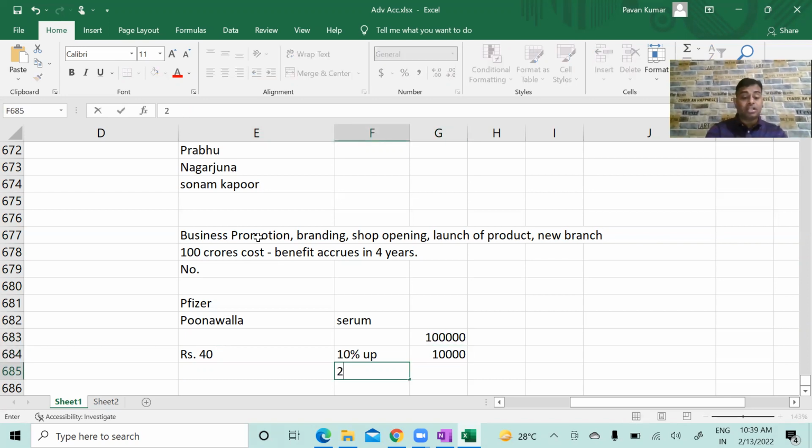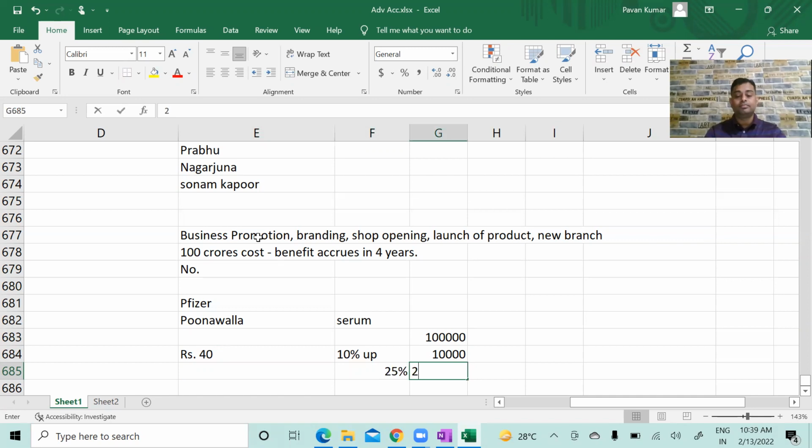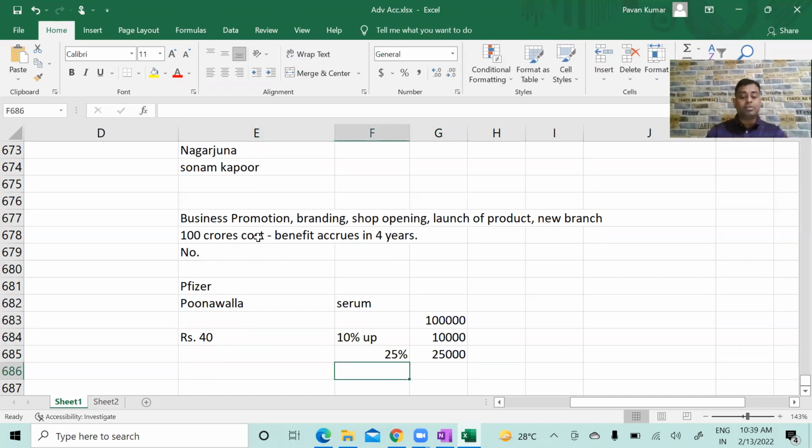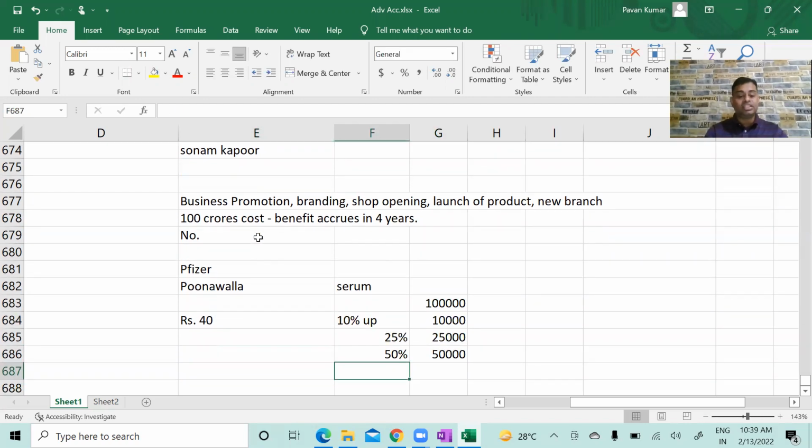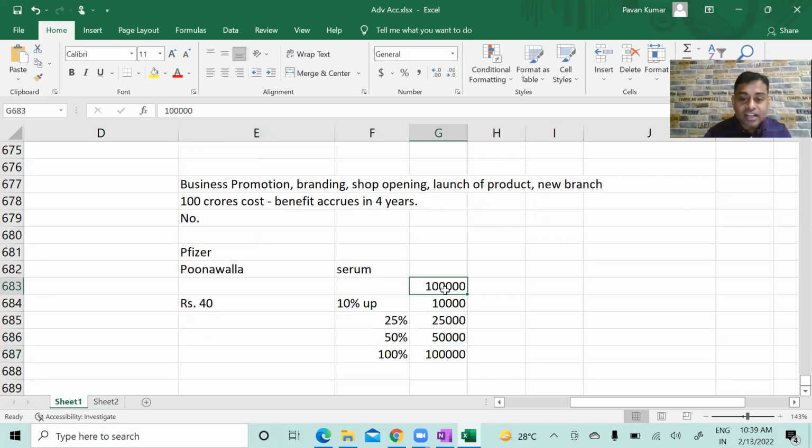If it is 25% up, 25,000. If it is 50% up, 50,000. If it is 100% up, 1 lakh. So do you think investing 1 lakh and getting 1 lakh in 1 year is a good deal? Yes, sir. Super deal. Bank is giving 4% interest on FD. Even a shareholder will be happy with this, honestly.